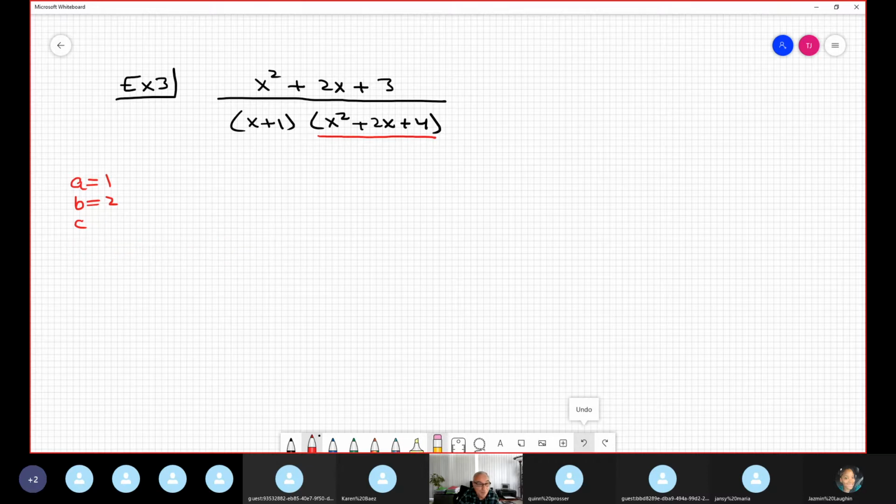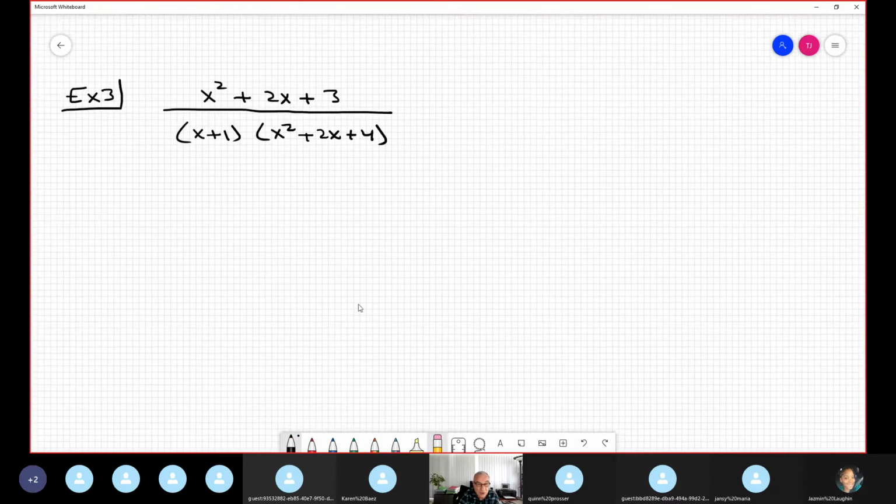Then, the format to decompose or break down this expression: when we consider a combination, it doesn't always happen that we have case 1, case 2, case 3, case 4 separately. In this case we have a linear and an irreducible quadratic, both non-repeated.